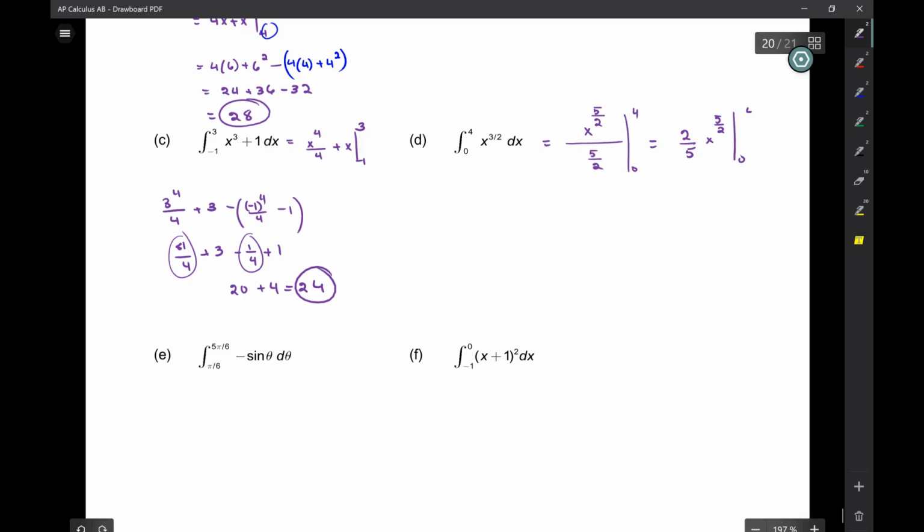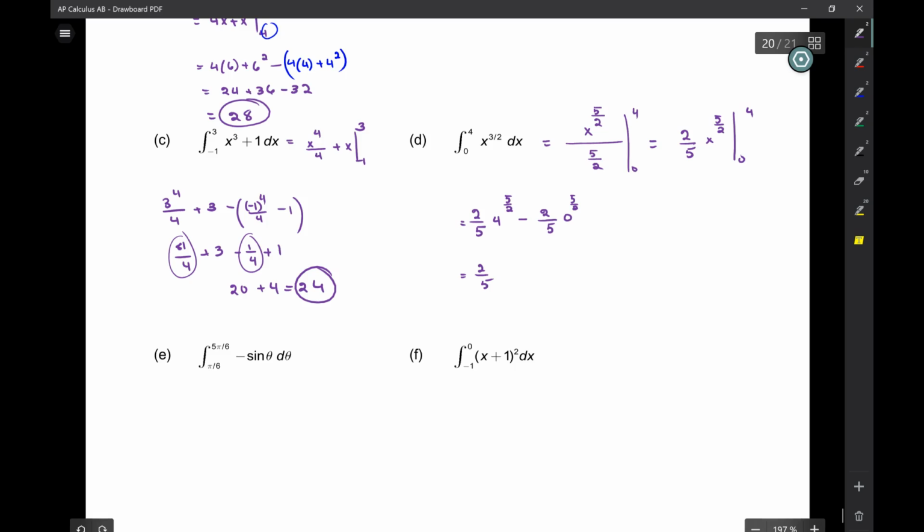From 0 to 4. So, 2 over 5, 4 to the 5 over 2, minus 2 over 5, 0 to the 5 over 2. Okay, so that's just 0. But what about here? 2 over 5. Okay, so what's this then?